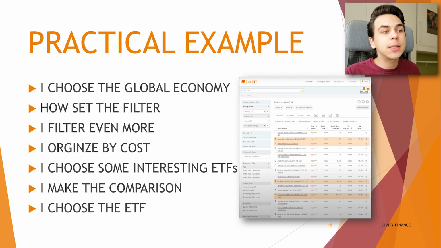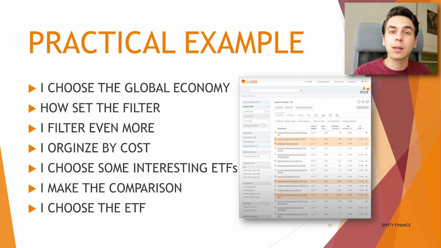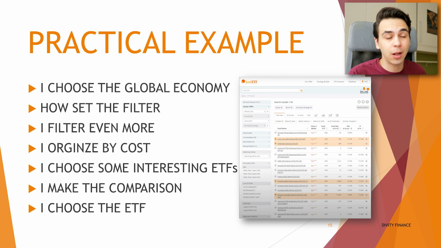For example, you can see here the Vanguard FTSE Developed World, and you can see that it's accumulating, so that's good, but it has only 3 million in fund size. That's not good at all. I cannot even invest with $100,000 there. It's going to be a mess investing with $100,000 there.